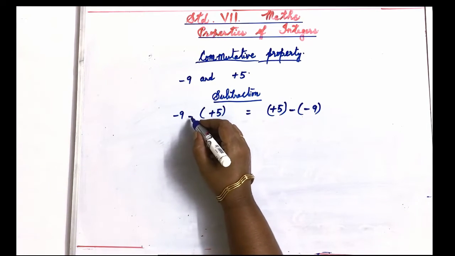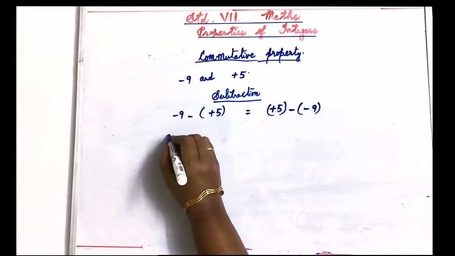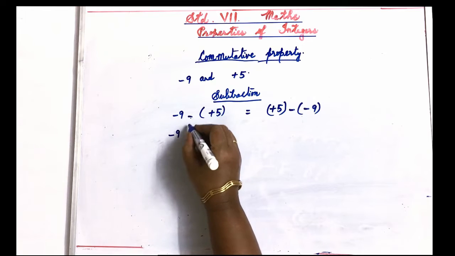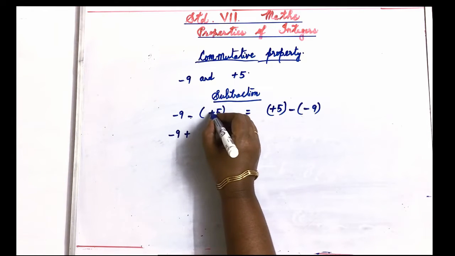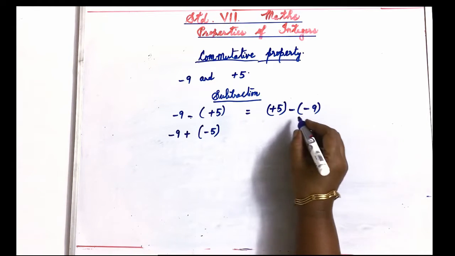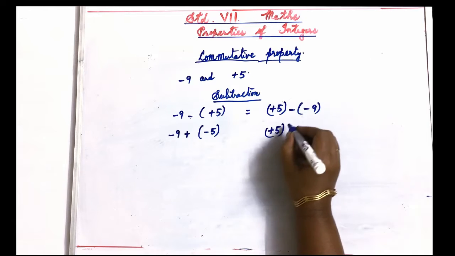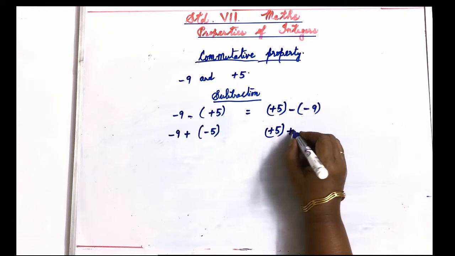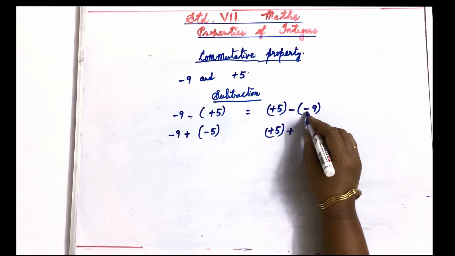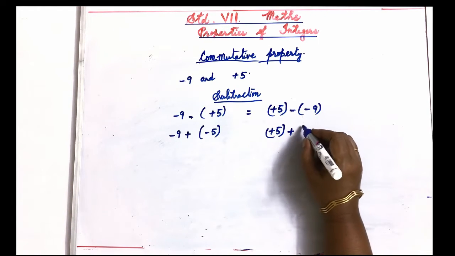Whenever we have to subtract, we should write the additive inverse of the second one. So minus 9, minus should be written as plus, and for this we should write the additive inverse. So minus 5. And for this side, right hand side, plus 5, minus should be written as plus. For the second integer, we should write the additive inverse. Additive inverse of minus 9 is plus 9.